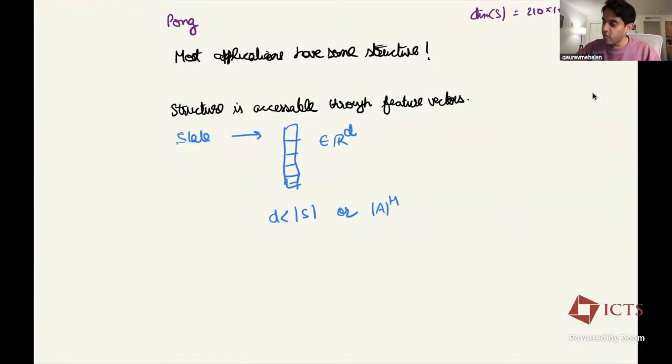Our goal now is going to be maybe too lofty, but it is to find assumptions over these feature vectors which allow us to design efficient algorithms.